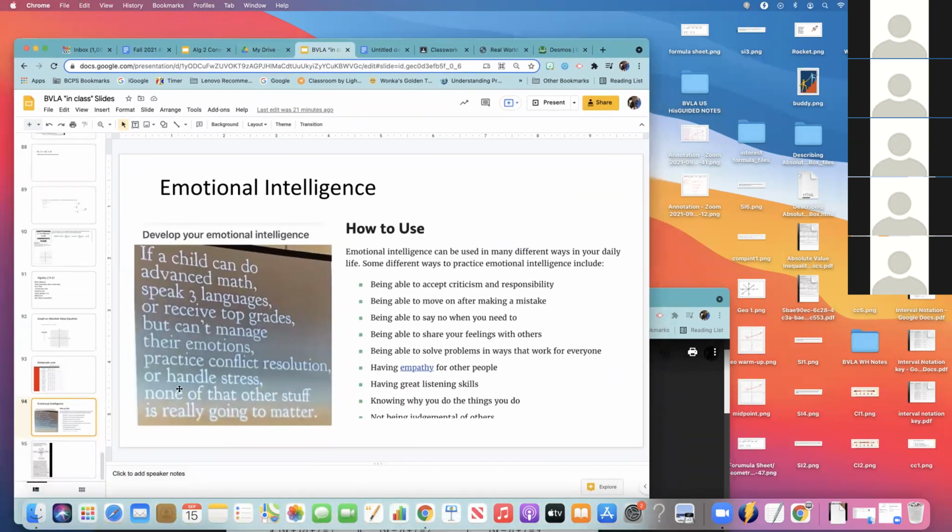I found this the other day, and it says, if a child can do advanced math, speak 3 languages, or receive top grades, but can't manage their emotions, practice conflict resolution, or handle stress, none of that other stuff is really going to matter. You could be extremely smart or skilled or talented, but if you can't handle your emotions, then you're not going to be able to apply that in life.